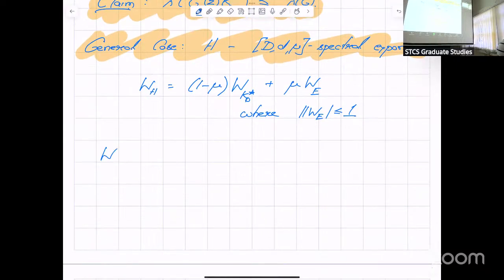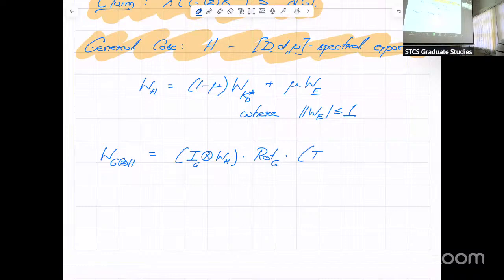So W, the random walk on G zigzag H. What was this random walk? The first step didn't change the I component, I on G, but it's a random walk on H. Then you did rot G, the matrix rot G with the permutation matrix. And then once again, you did the same.